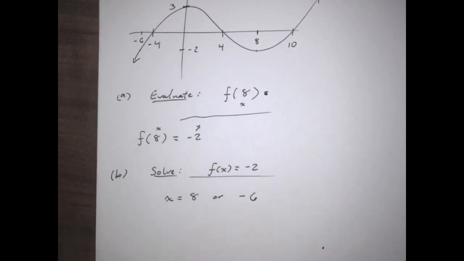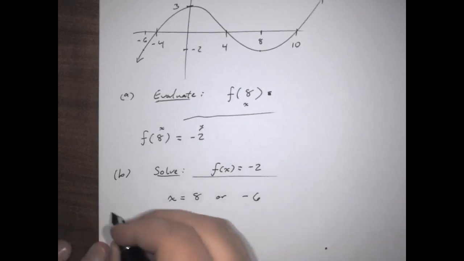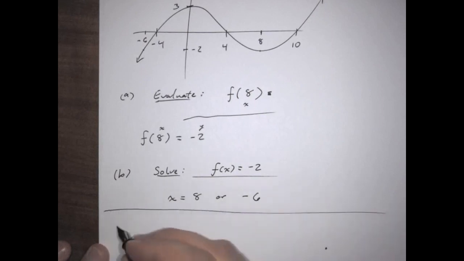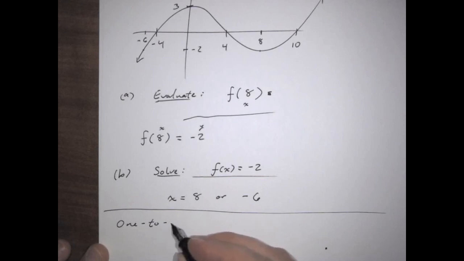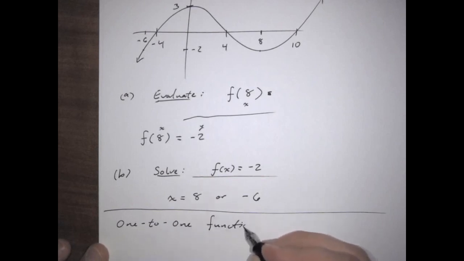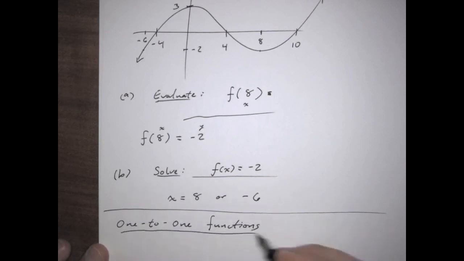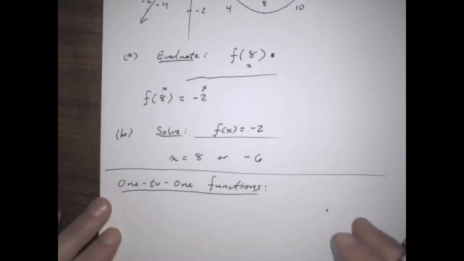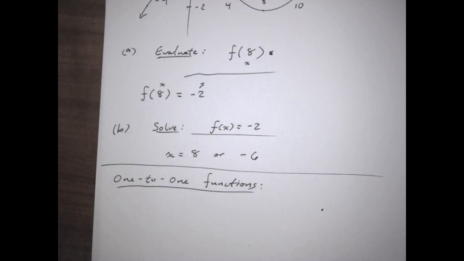Okay. Now the last topic from a graph is the topic of one-to-one functions. Now, every function is guaranteed to only produce a single y value for each of its x values.